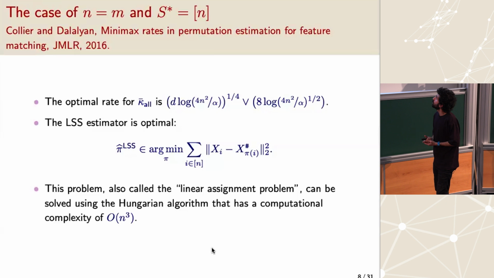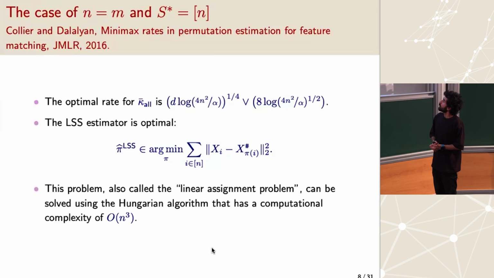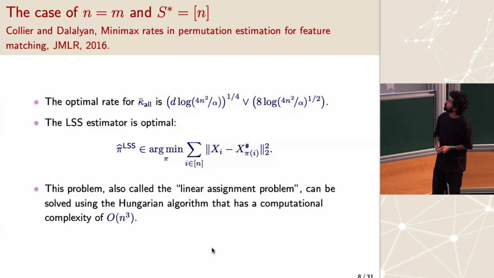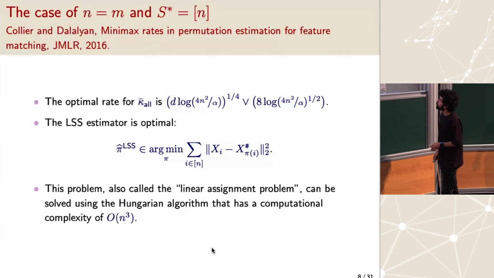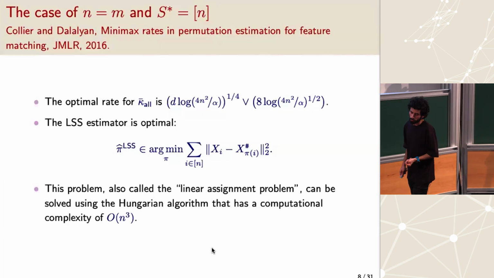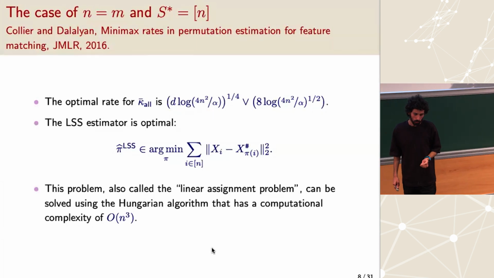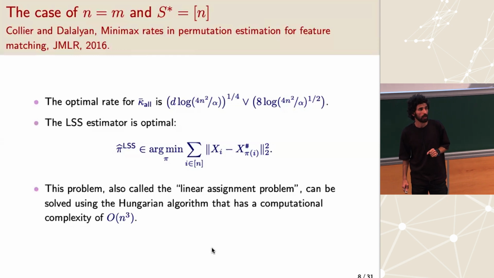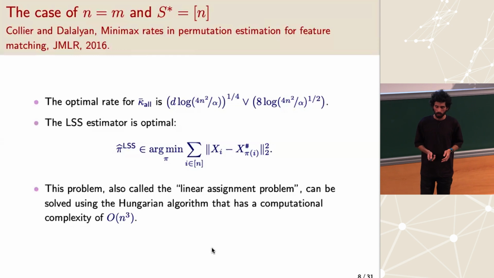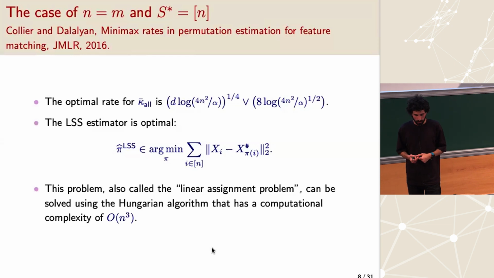Let me go over some previous work. In 2016, Collier and Dalalyan considered this problem of permutation estimation, and they proved that when kappa is of order (d log n)^(1/4), then it is possible to recover the permutation exactly.